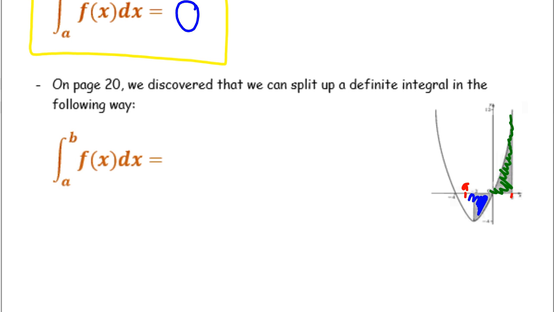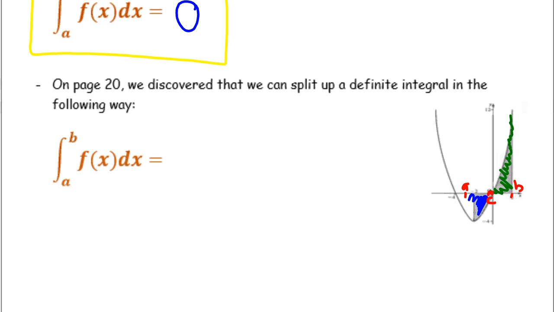So we might need to be aware of this little middle thing. What do they tend to call that one? Like the lower limit we always call a, the upper limit we always call b. But if you're splitting up two areas of the curve, one below the x-axis, one above, in the general formulas they call the middle one c.